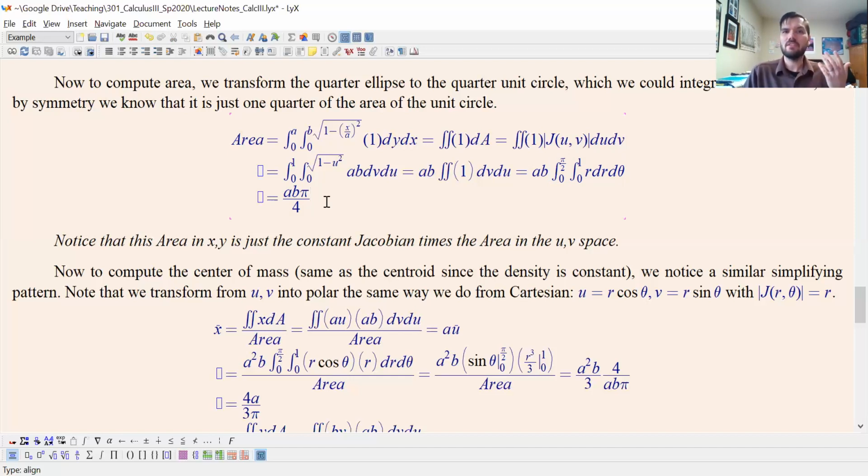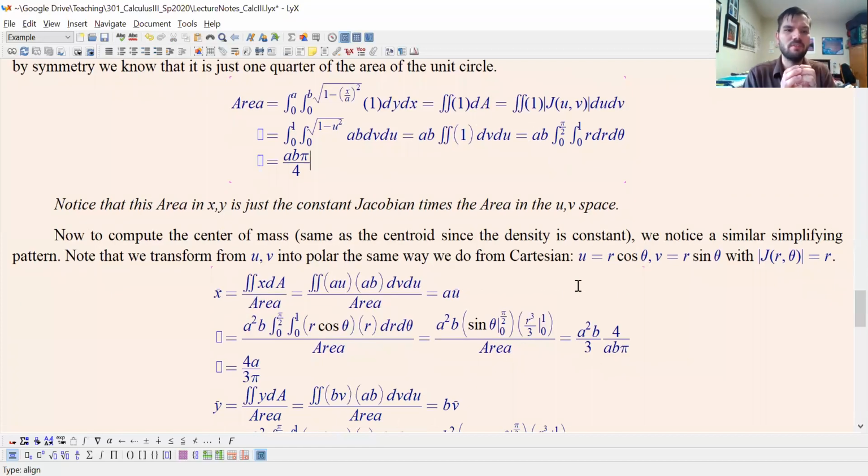When we have a linear transformation, the constant Jacobian is simply multiplied by the area in that new space. So if we can squish this shape into a circle, then we can use the properties of this circle and relate it back, as long as we can squish linearly.